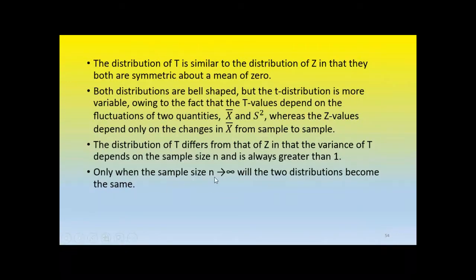So only when the sample size n approaches infinity will both distributions meet. They will be the same. When the sample size is larger, approaching infinity, the T distribution becomes the Z distribution, the normal distribution.